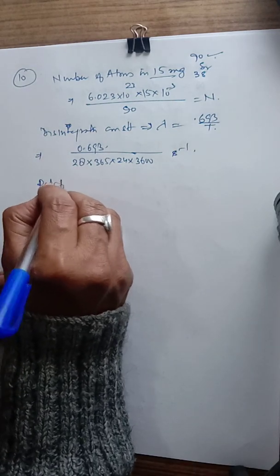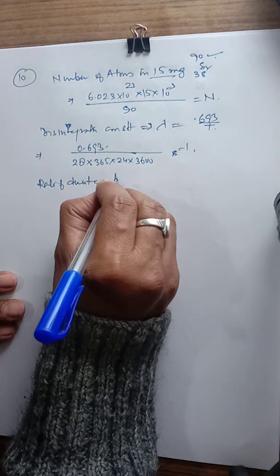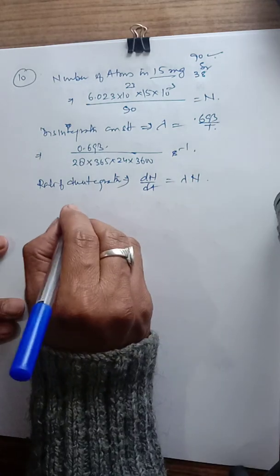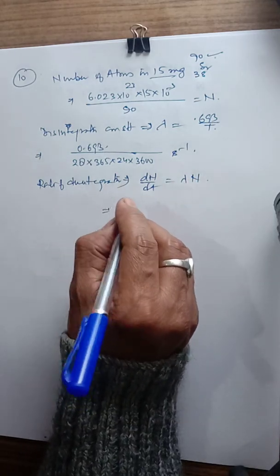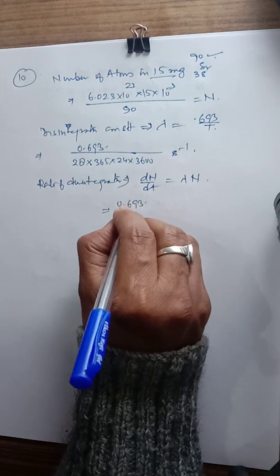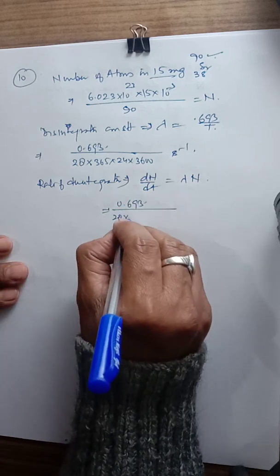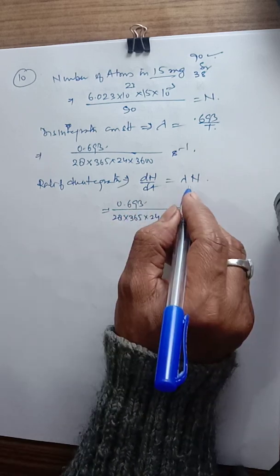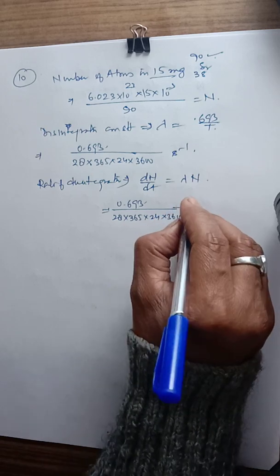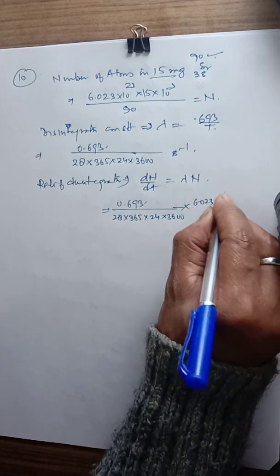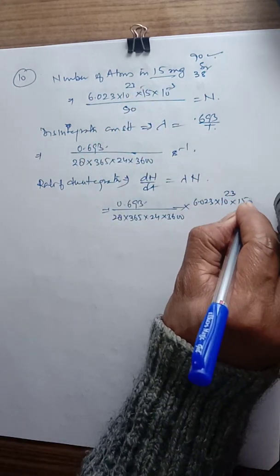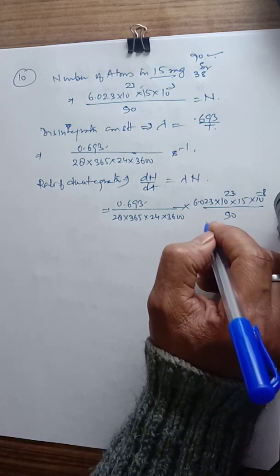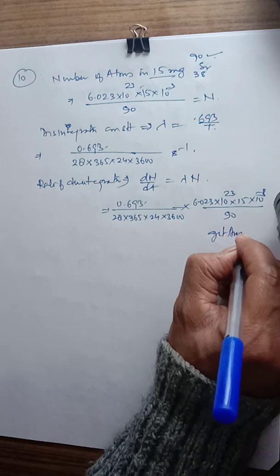The rate of disintegration, dN by dt, is equal to lambda N. The lambda value we have found is 0.693 divided by 28 times 365 times 24 times 3600, to be multiplied with N. N is 6.023 into 10 raised to the power 23 multiplied by 15 into 10 raised to the power minus 3, divided by 90. When we solve that, we get the answer.